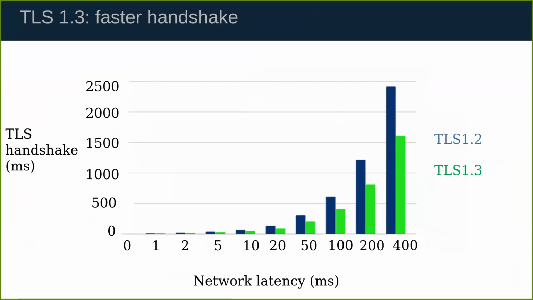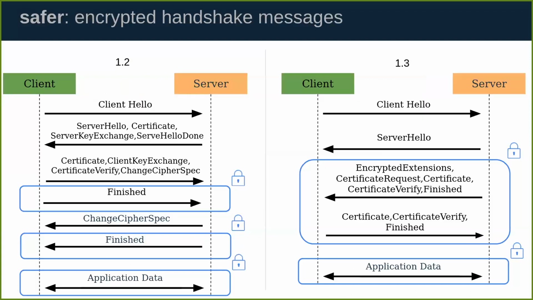So also, maybe we'll go back one slide just to mention this. As we can see here, the handshake is also much shorter. In TLS 1.2, the handshake consisted of at least 2 round trips, right? The first round trip is the client hello and the server hello flight, and the second round trip is the client's certificate flight along with its finished message, and then the server replies with the changed cipher spec and the finished message as well.